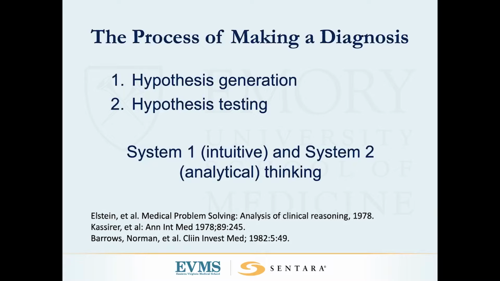And Barrows and my friend Jeff Norman and other investigators at McMaster, they figured out that the process of diagnosis is a 2-step process. It's a process of hypothesis generation and hypothesis testing. And in going through that 2-step process, people use both types of reasoning, system 1 and system 2 thinking.